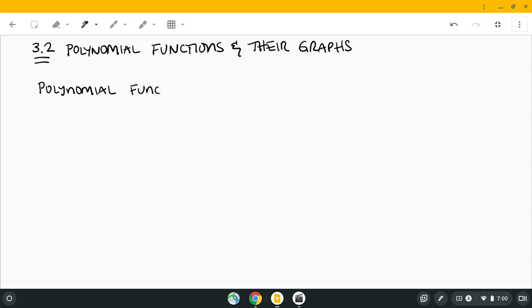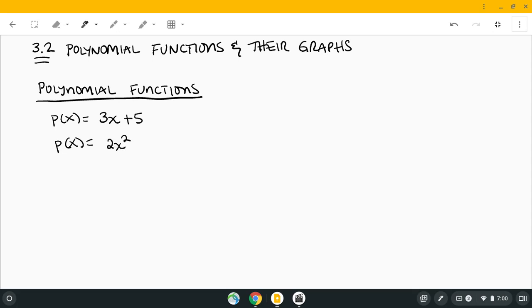You've already worked with polynomial functions. A linear function is a polynomial function. So it looks like this. Quadratics that you have worked with are polynomial functions, so 2x squared minus 3x plus 5.